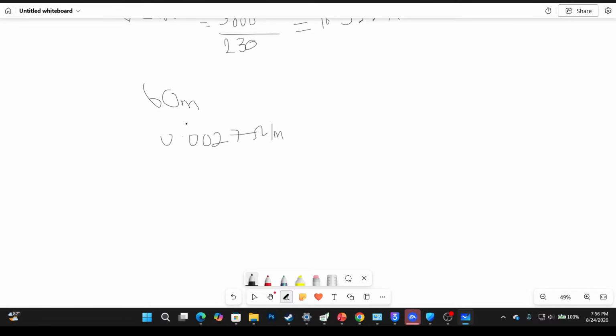So we multiply 60 times 0.0027, which gives us 0.162.